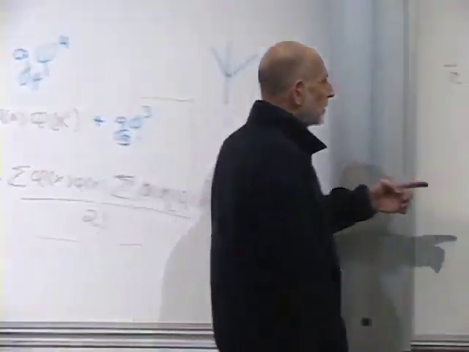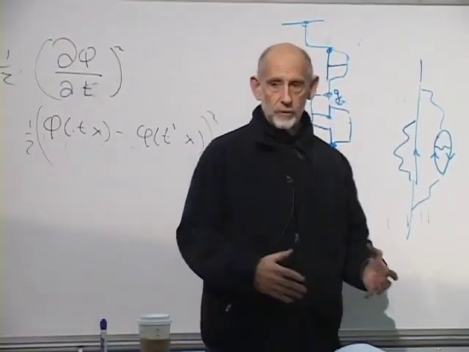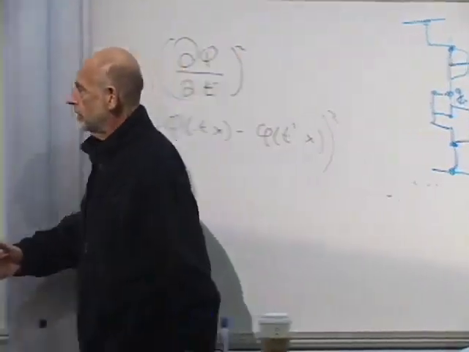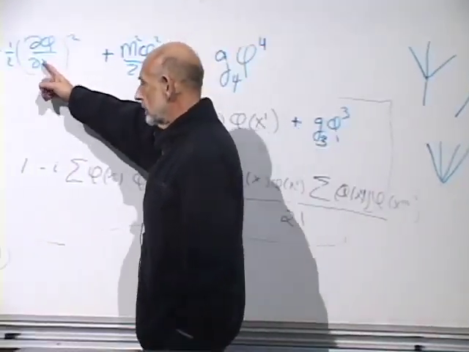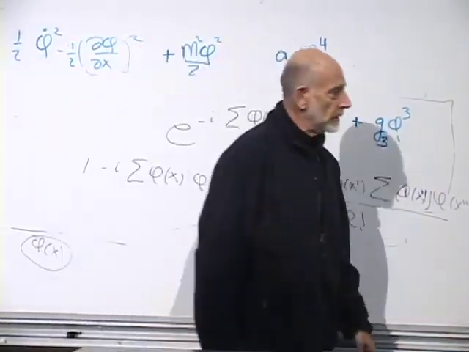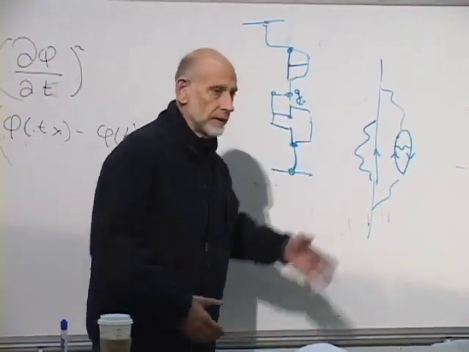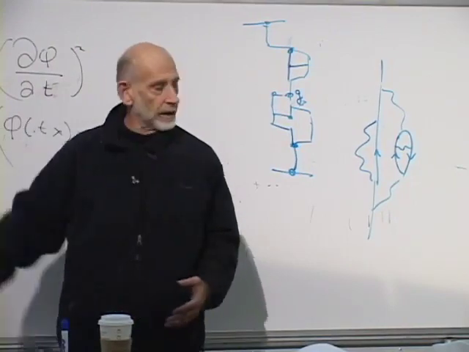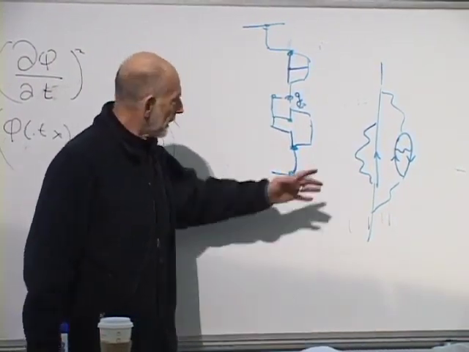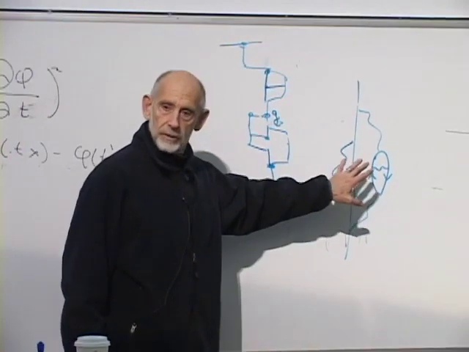Particles going from one point to another, those are the kinetic terms, the quadratic terms here. So the Feynman type rules and the Lagrangian are the same thing, and you can either describe the world by specifying all the vertices.